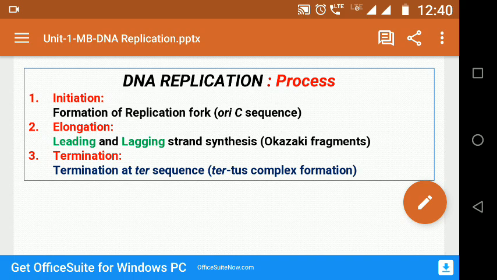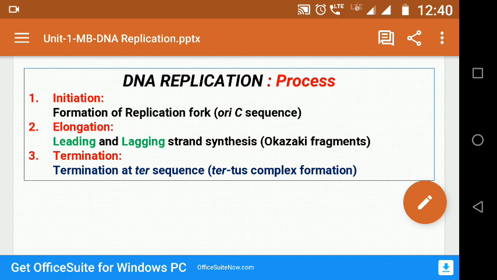The synthesis always takes place in the 5' to 3' direction, utilizing the template strands in the 3' to 5' direction. The elongation is also subdivided into leading strand synthesis and lagging strand synthesis, that we will discuss elaborately later.